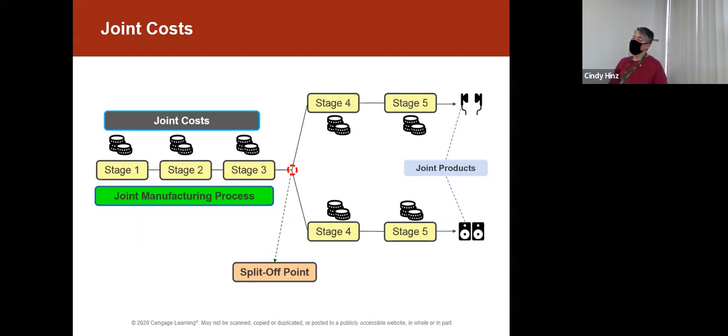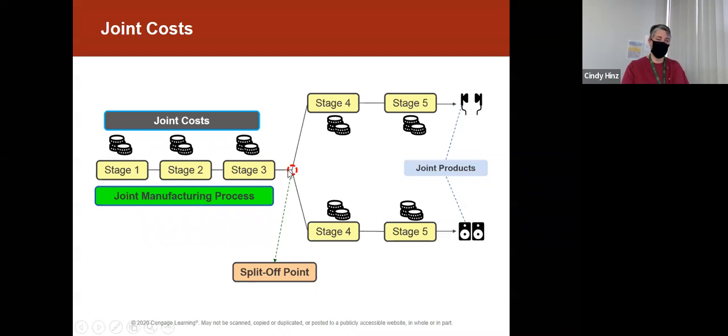And so we're moving to the other part of the chapter, and that is allocating joint costs. Last week, I gave you a heads up about what we were talking about: in the manufacturing process, at the beginning of the process, things are happening to multiple products at one step in the process, as you can see in this visual. So the costs here of stages 1, 2, and 3 of this manufacturing process, we have to have a way of assigning those costs so that they get to both of the products.